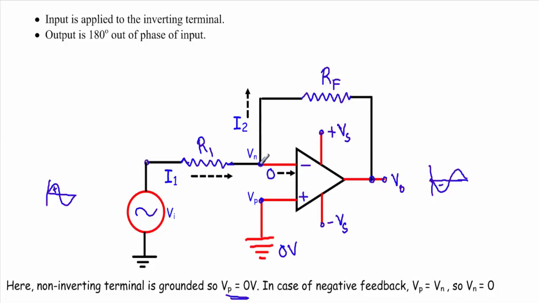In the case of negative feedback, I have shown you that the non-inverting terminal voltage and the inverting terminal voltage are equal, so I can write Vp equal to Vn. As Vp equal to 0, consequently Vn will be equal to 0.